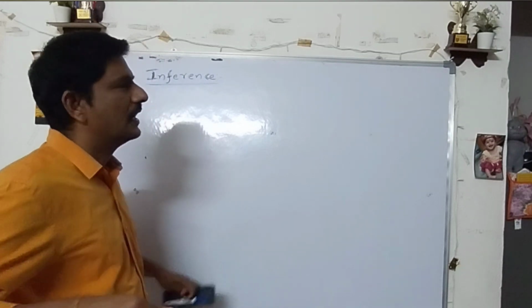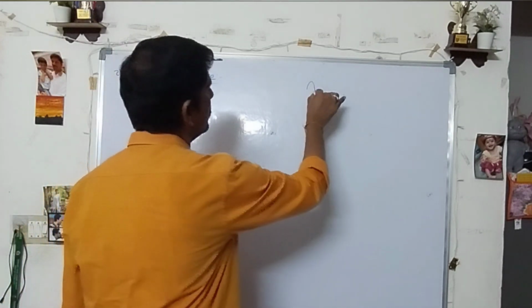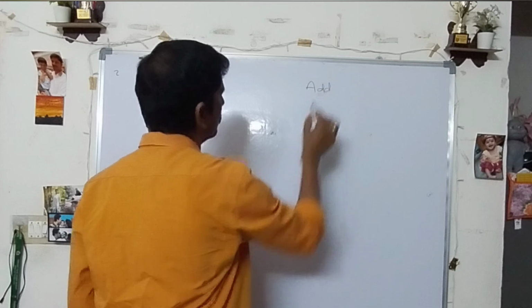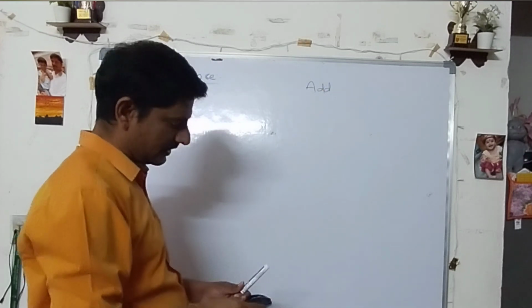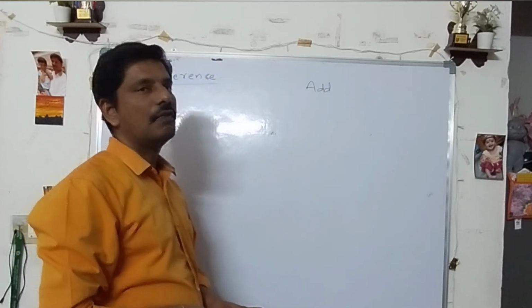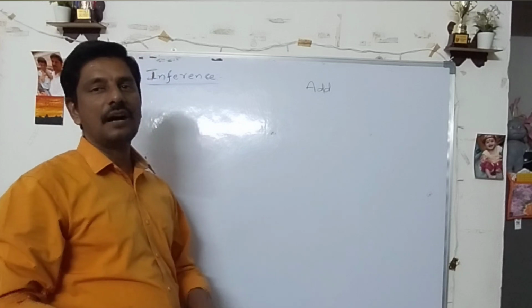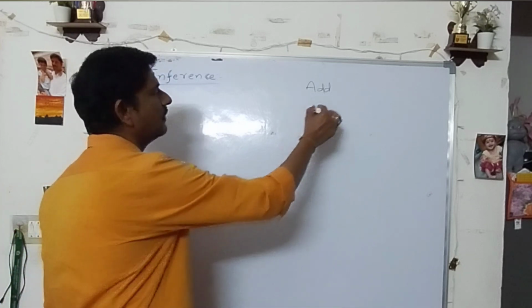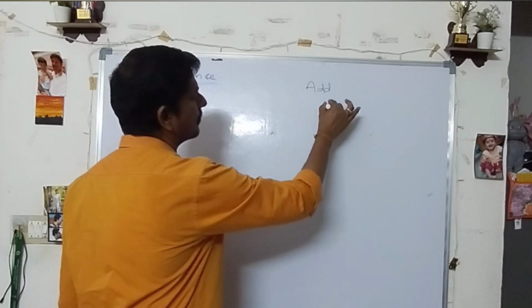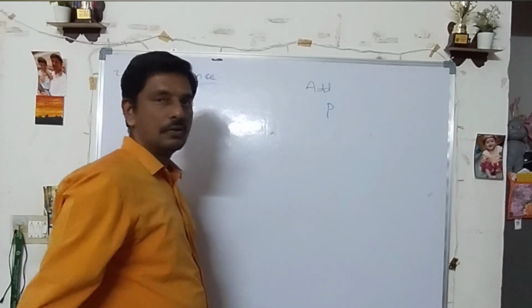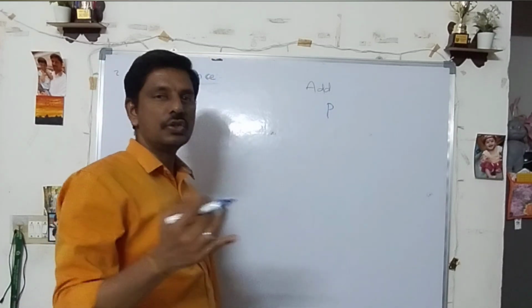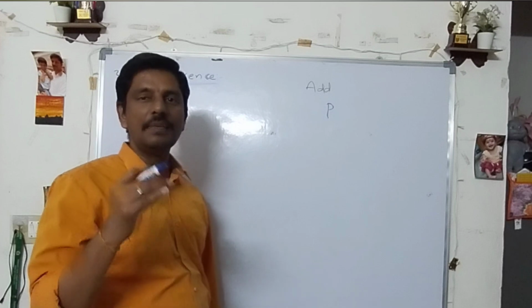The first rule is the addition rule. We know that addition means sum, and sum is the OR symbol. If we take P, we assume that in inference theory all the premises are true.